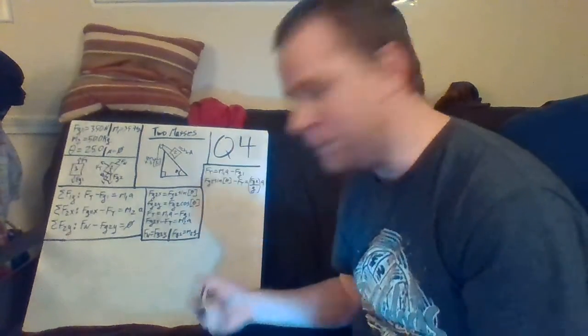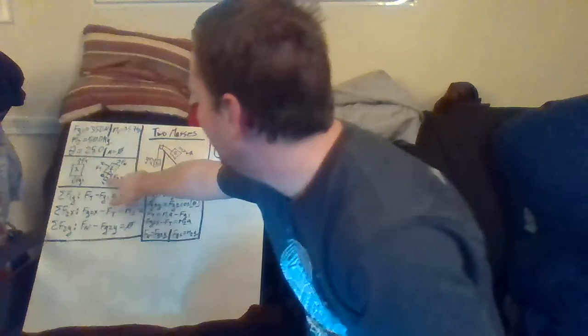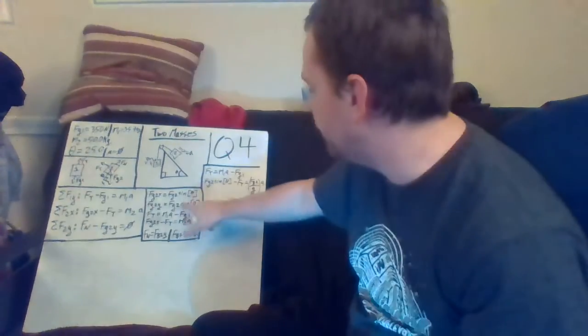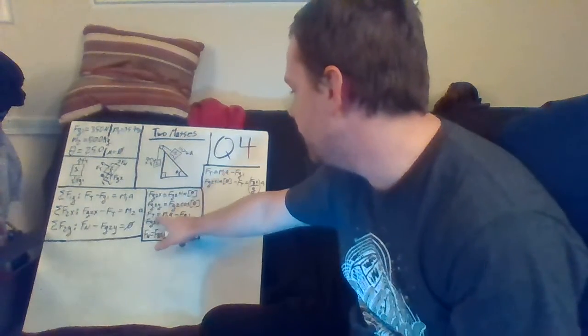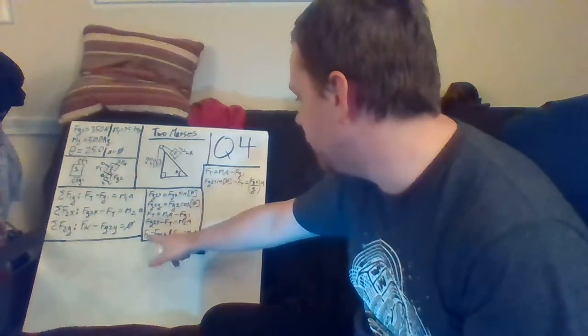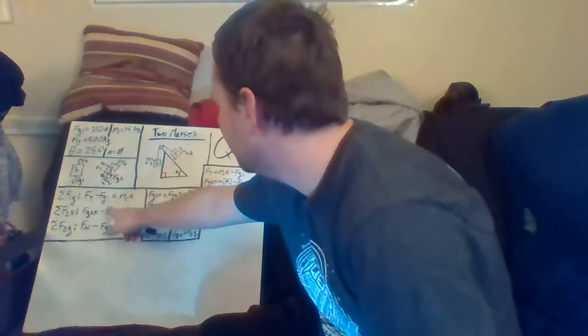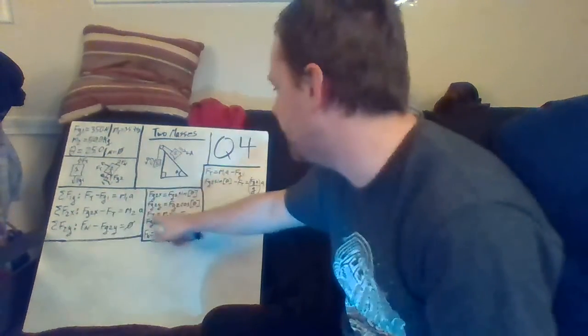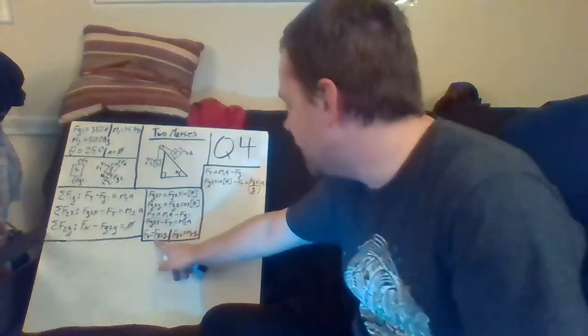All right, so first here I have taken this triangle and found our y component and our x component. Then I solved this equation for T, copied this equation over, and then Fn here.